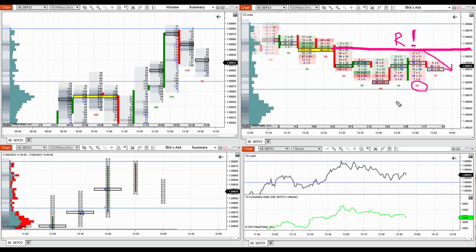When you see a resistance work, it is a small sign that sellers are more in control. So when you are trading, you want to watch out for those small resistances. It's just small signals, but still it is telling you something. And it's all those small signals that the market is giving you that make up the big picture and tell you the whole story of what's going on.